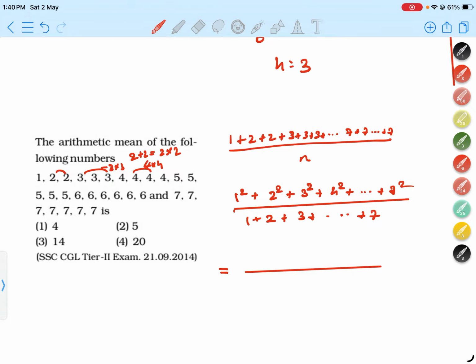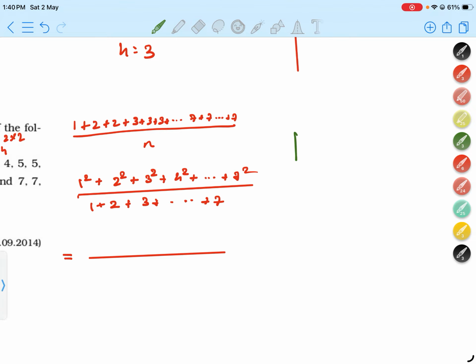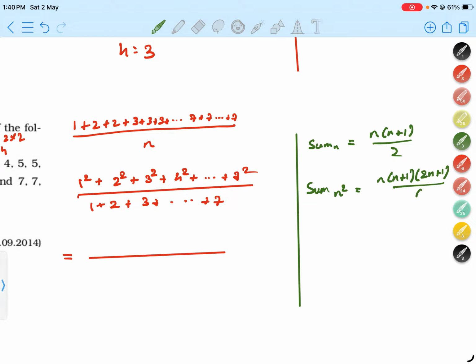We know the sum of n terms and the sum of squares of n terms. The sum of n terms is written as n into n plus 1 by 2, and the sum of squares of n terms is written as n into n plus 1 into 2n plus 1 by 6.